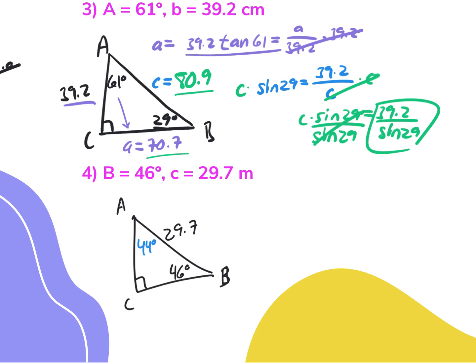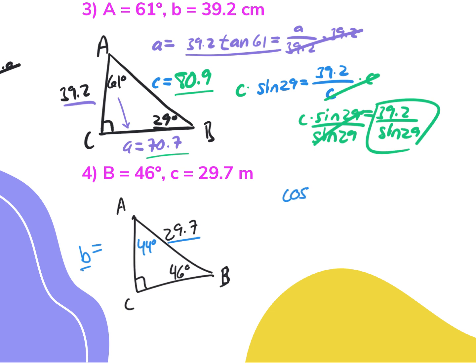Now we want to find all of our sides. I can use SOHCAHTOA to figure out a missing side. I'm going to try to find B using angle A. If I want to use angle A, then B is going to be an adjacent side, and we're given a hypotenuse, so I have to use the hypotenuse.